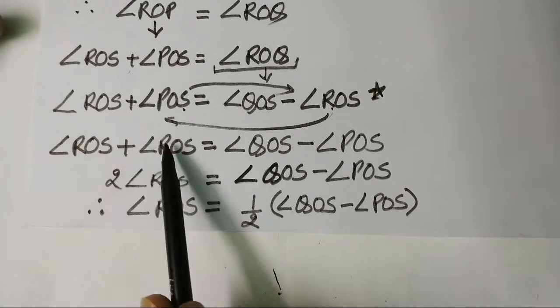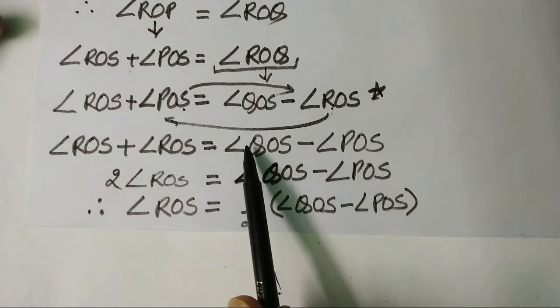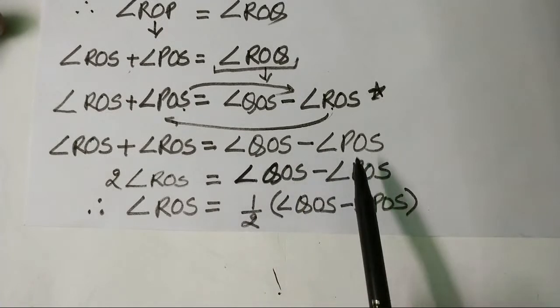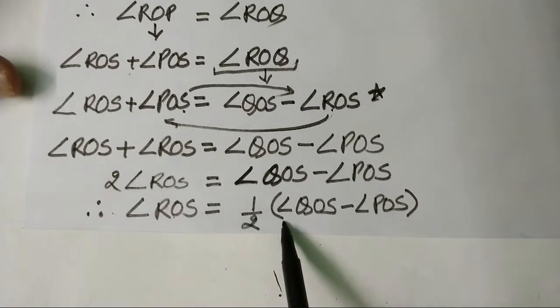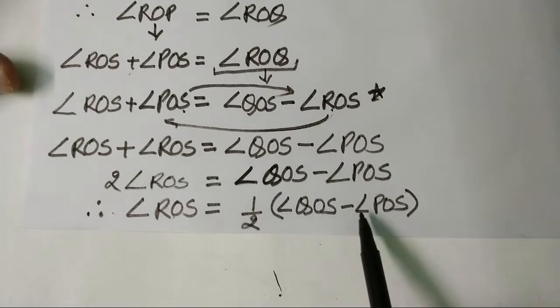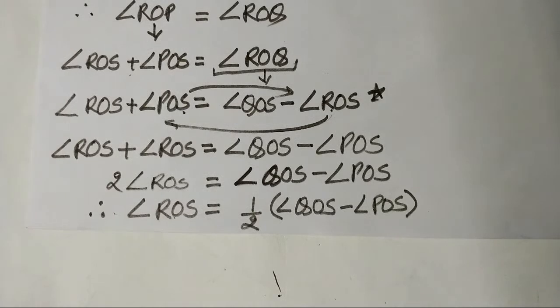So ROS plus ROS will become 2 times angle ROS, and QOS minus angle POS remains as it is. Therefore angle ROS becomes half of angle QOS minus angle POS. This is the proof which was asked in the question.